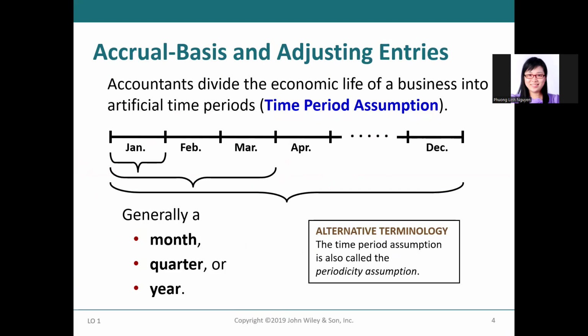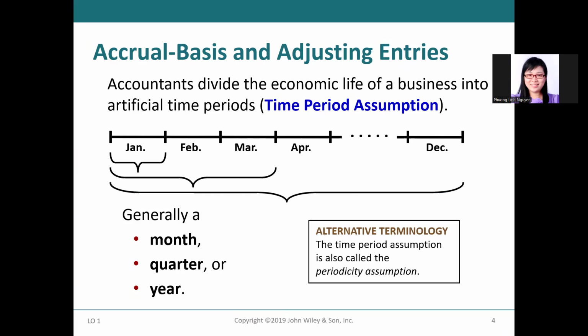Now let's look at the time period assumption. The time period assumption says that accountants divide the economic life of a business into artificial time periods. So we can divide the time into month, quarter, or year.